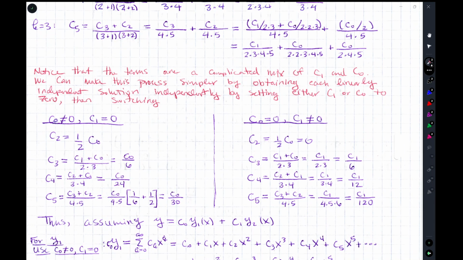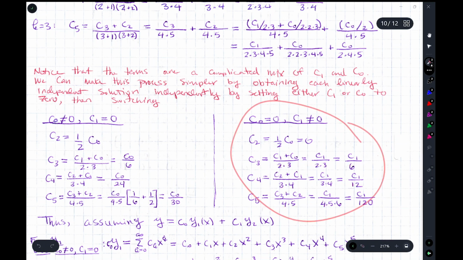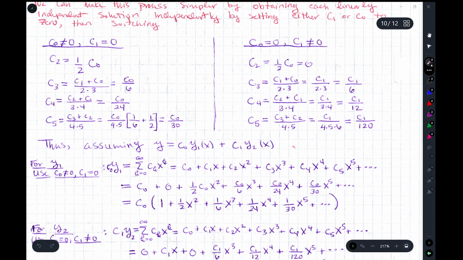We do the opposite, right? We now assume C0 is 0 and C1 is not equal to 0. And here now C2 would be equal to 0, C3 would be equal to this, and we now get all the terms proportional to C1. So assuming this form, which is what we implicitly did, for Y1, where C0 is not equal to 0 and C1 is equal to 0, we just go through this sum of our assumed form with C1 equal to 0.